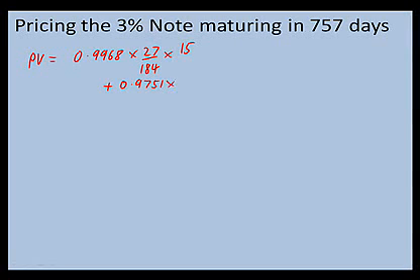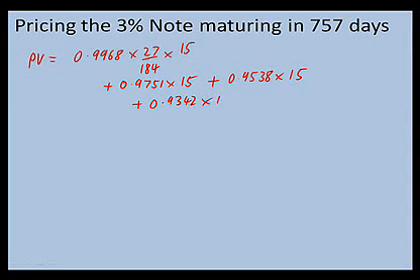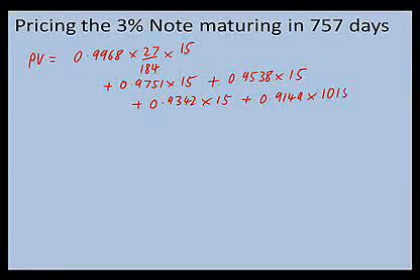0.9751, times the coupon, plus the discount factor for 392 days, which is 0.9538, times the coupon of 15, plus the discount factor for 573 days, which is 0.9342, times the coupon of 15, plus the discount factor for 757 days, which is 0.9149, times, well, here we get the principal and the coupon, so 1015.